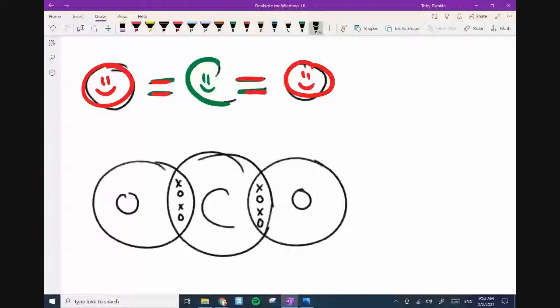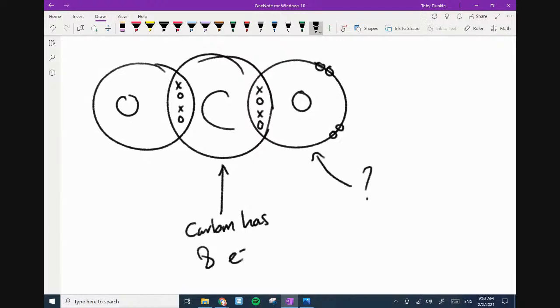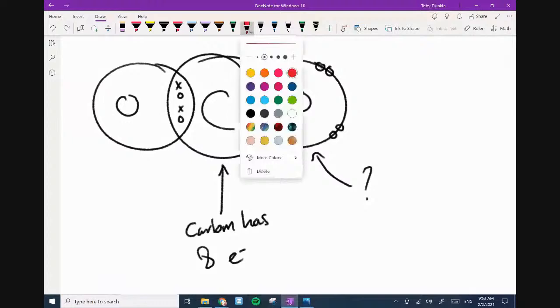Now what you'll notice is carbon now has 8 electrons. Everyone's trying to get to 8, remember, but oxygen doesn't yet. What we need to do is put on its original electrons. It had originally 6. If you want me to color code this, here were oxygen's original electrons.